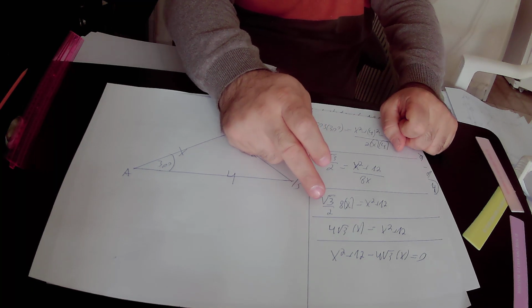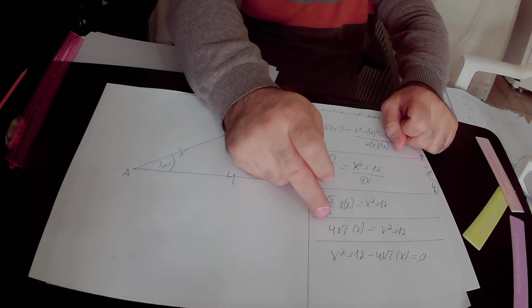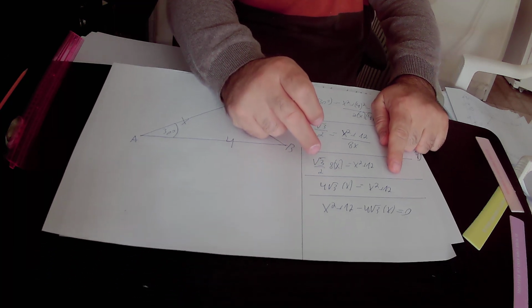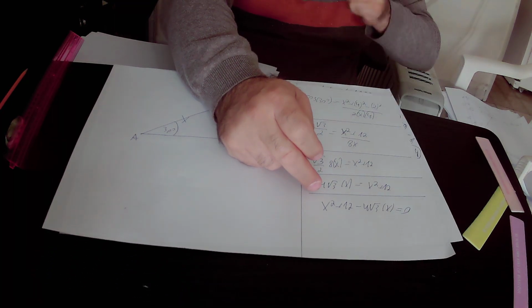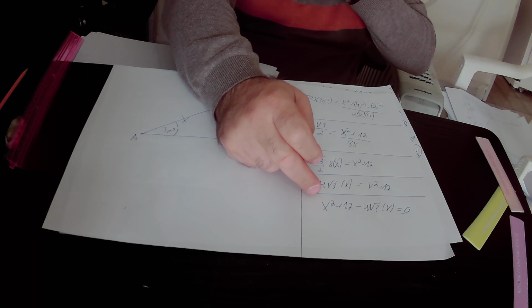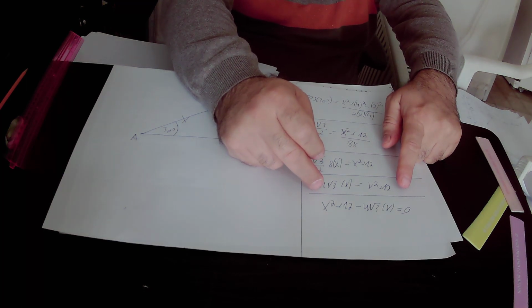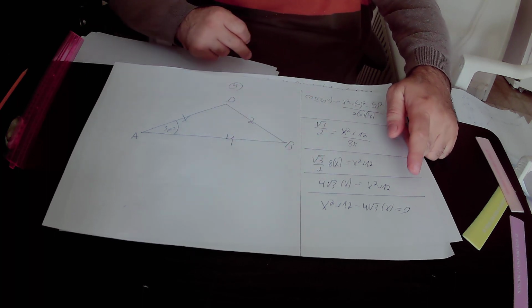8 over 2 is 4. So on this side of the equation we have 4 times square root of 3 times x equals x squared plus 12. Here we subtracted 4 times square root of 3 times x from this equation, and we got x squared plus 12 minus 4 times square root of 3 times x equals 0.